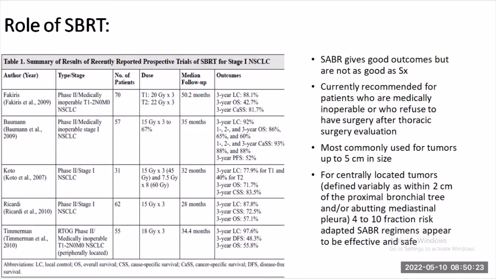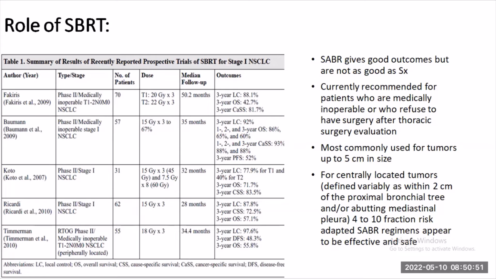So based on that, SBRT can be used in patients who are not fit for surgery or who refuse surgery. Most commonly, SBRT is used with a tumor of less than 5 centimeters in size, but it has been used in some conditions where the tumor size is more than 5 centimeters also. There is one problem with SBRT when using it in a centrally located tumor.